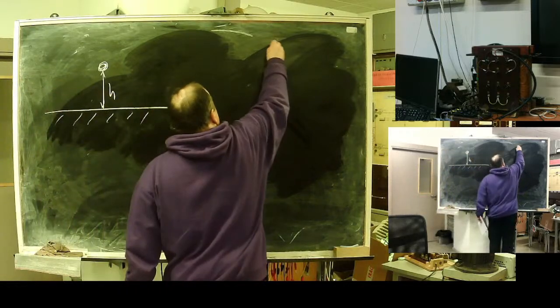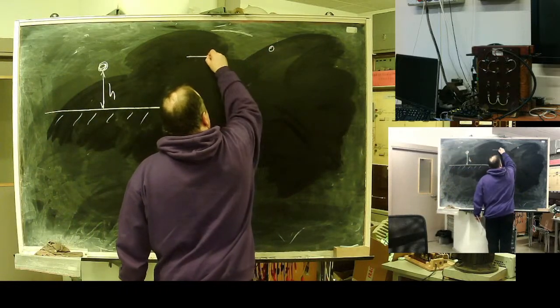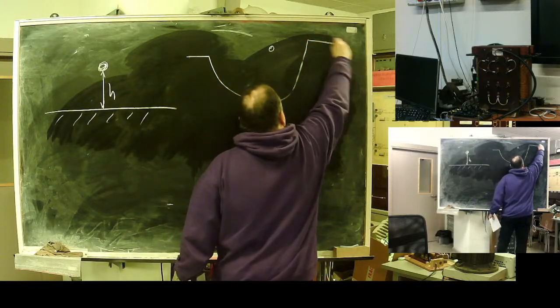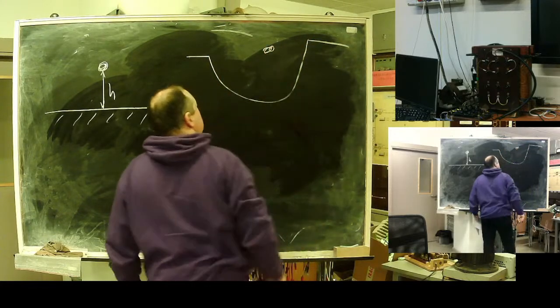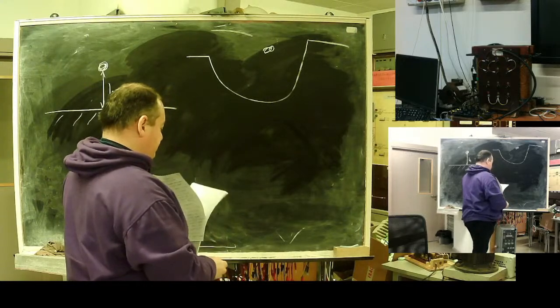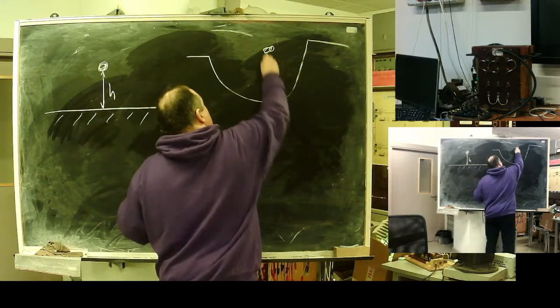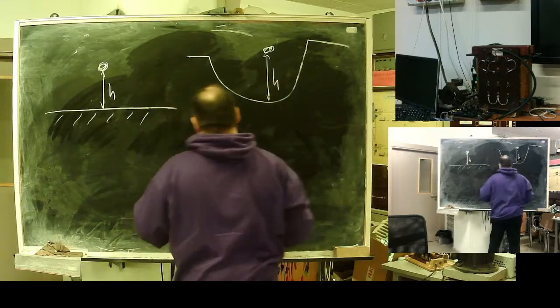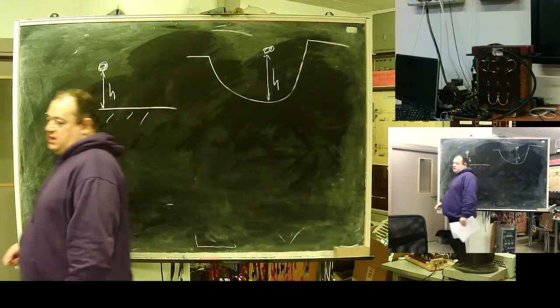Rüdenberg's model believes the Earth is a kind of semi-sphere. This is Rüdenberg's idea.